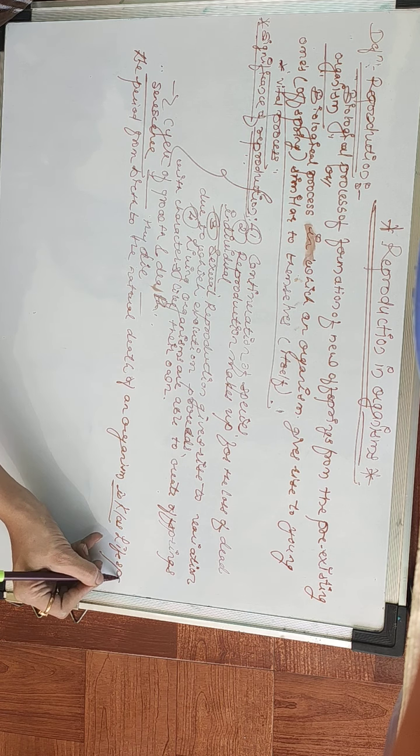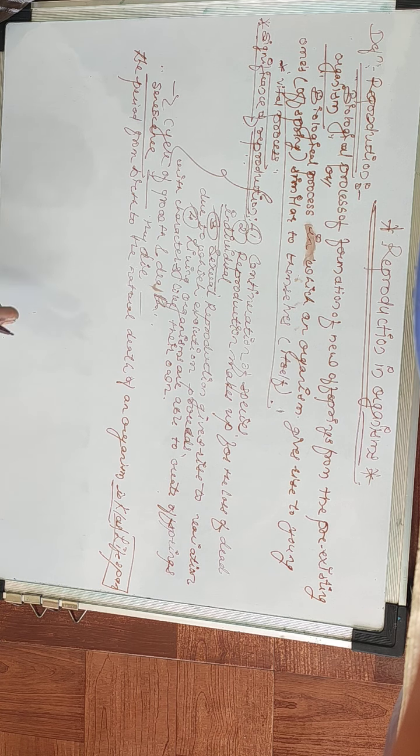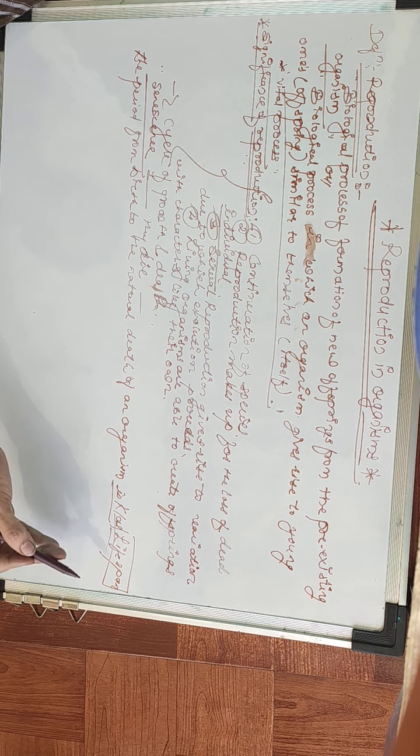Very good. Okay, so as I told you, the period from birth till the natural death of that particular organism, whatever this period in between the birth and the death, is known as lifespan.